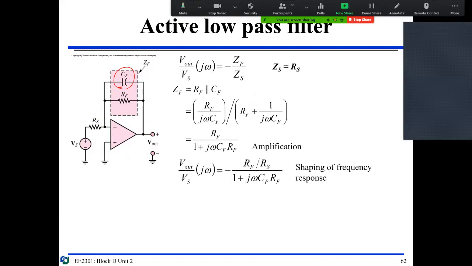So in this case, ZS is RS. So it's minus ZF divided by ZS. What is ZF? ZF is RF in parallel with the impedance due to CF. We know that is 1 over j omega CF, right? If you ask me why, then I refuse to answer that question.